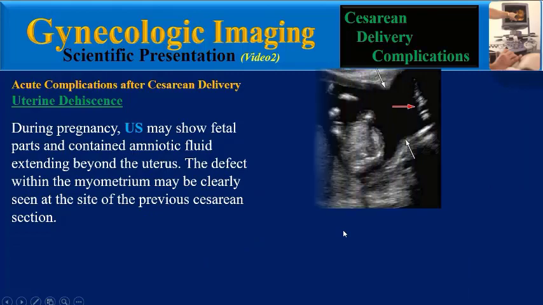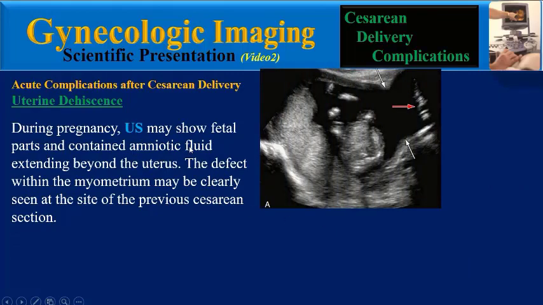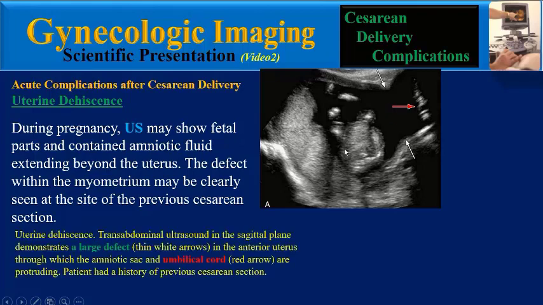During pregnancy, ultrasound may show fetal parts and contained amniotic fluid extending beyond the uterus. The defect within the myometrium may be clearly seen at the site of the previous cesarean section. As we can see, this is an example of uterine dehiscence.